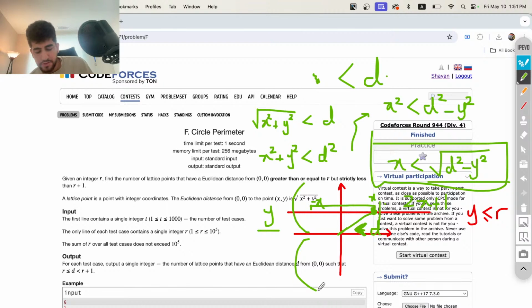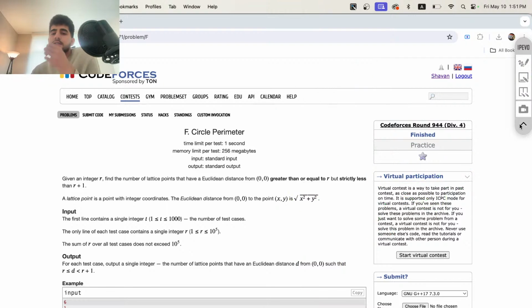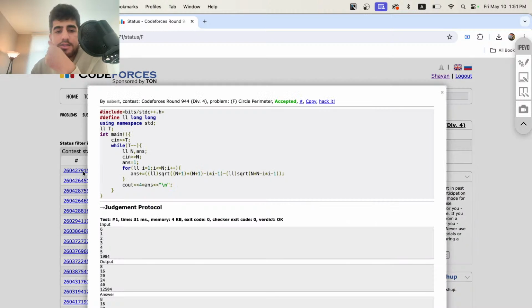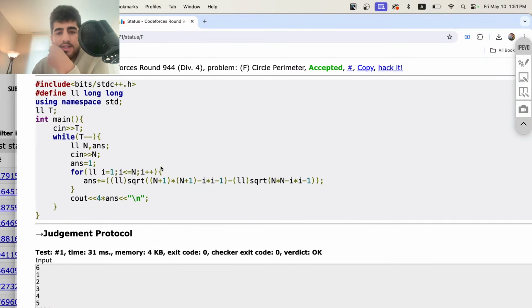So is this problem okay completely? We can also see some code in problem F. Let's see this code. Seems like it has done the same thing.